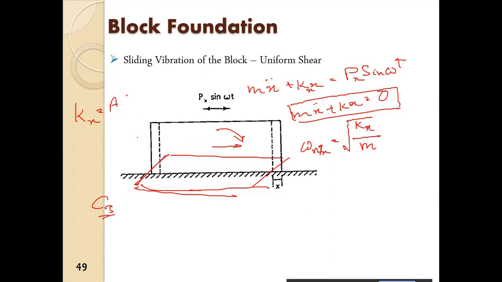That is how we define that. So ultimately we will have the natural frequency omega n in this direction, for translational motion in the x direction or y direction, whatever you say, equal to the square root of C tau into A by m. Okay, so that is the natural frequency.